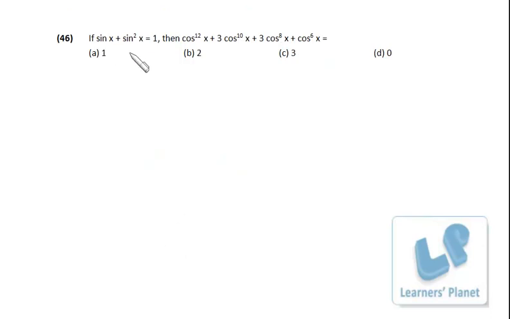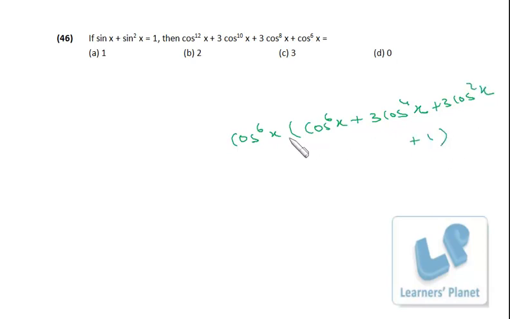Now this problem: sine x plus sine square x is equal to 1, then we have to find the value of this expression. So what I do is I take cos 6x as common, then I have cos 6x times cos^6 x plus 3 cos^4 x plus 3 cos square x plus 1.